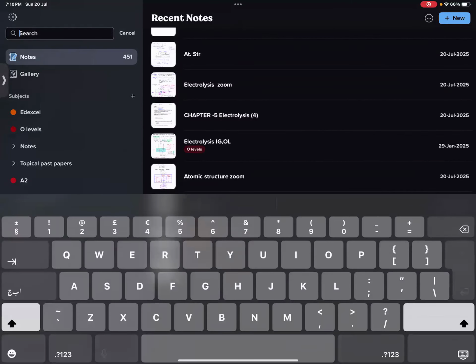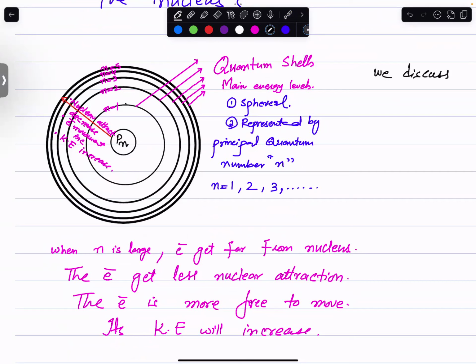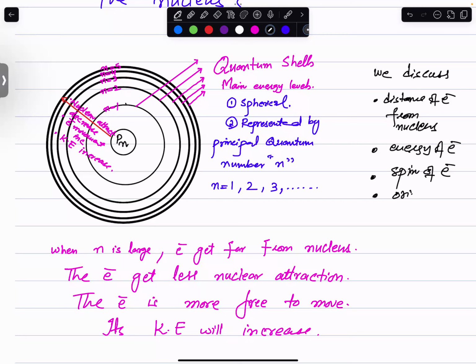We discuss the distance of the electron from the nucleus, the energy of the electron, the spin of the electron, the orientation of the electron. Like we talk about an electron in an atom.